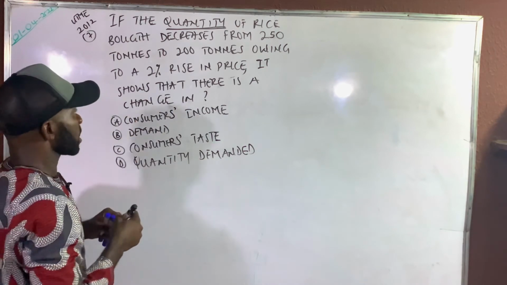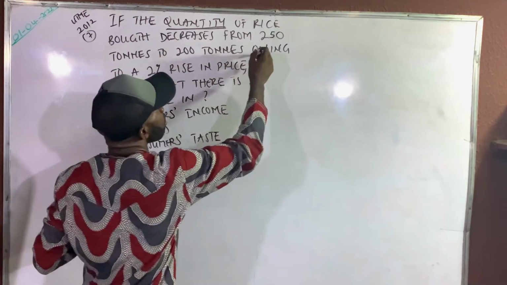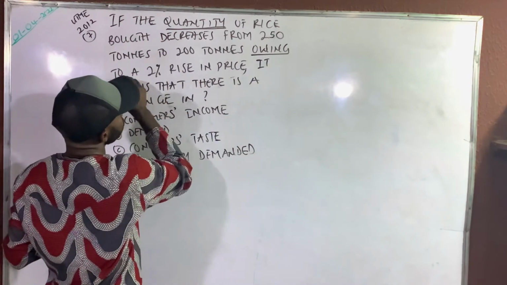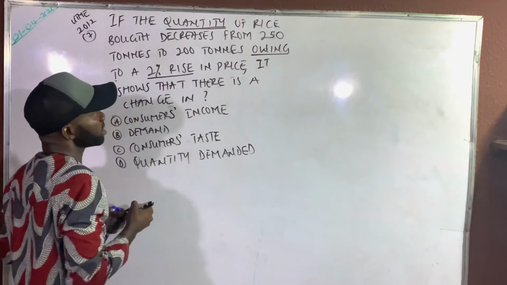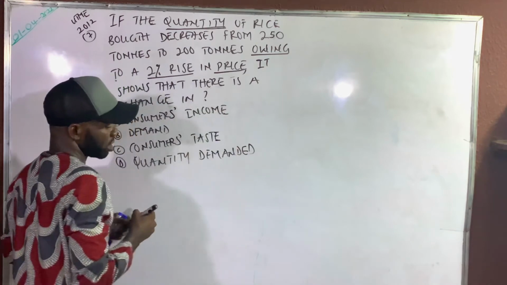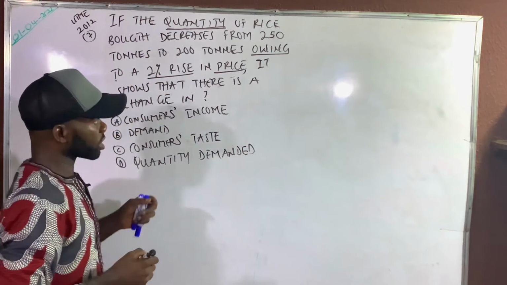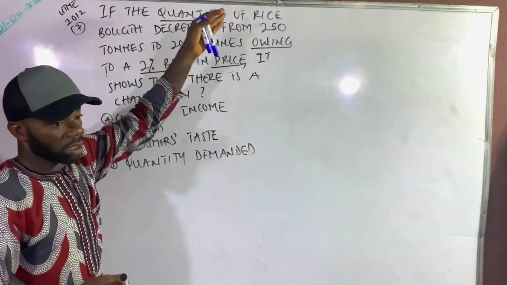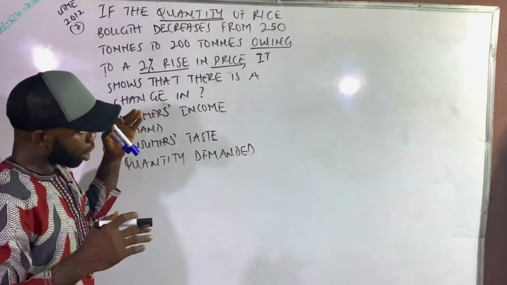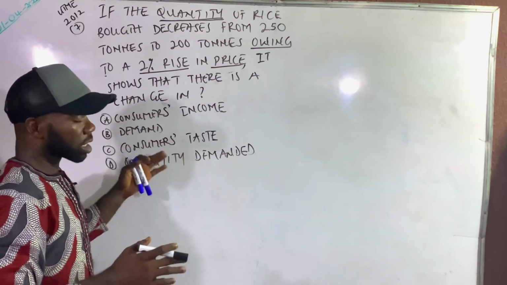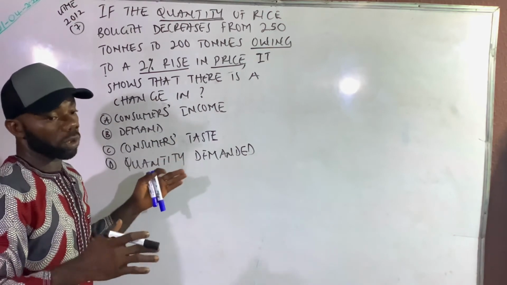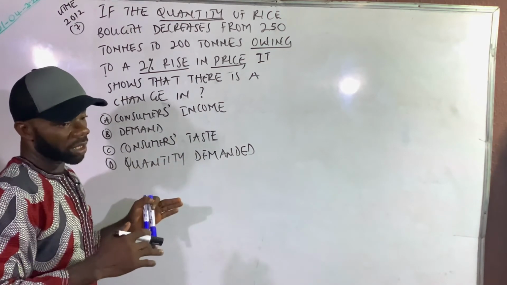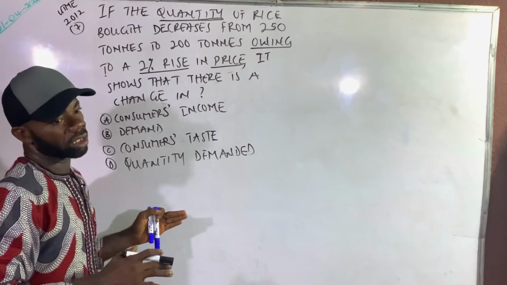First reason. The second reason is owing to a 2% rise in price. And once price is responsible for quantity adjustment, automatically we're talking about change in quantity demanded, which is determined by price.